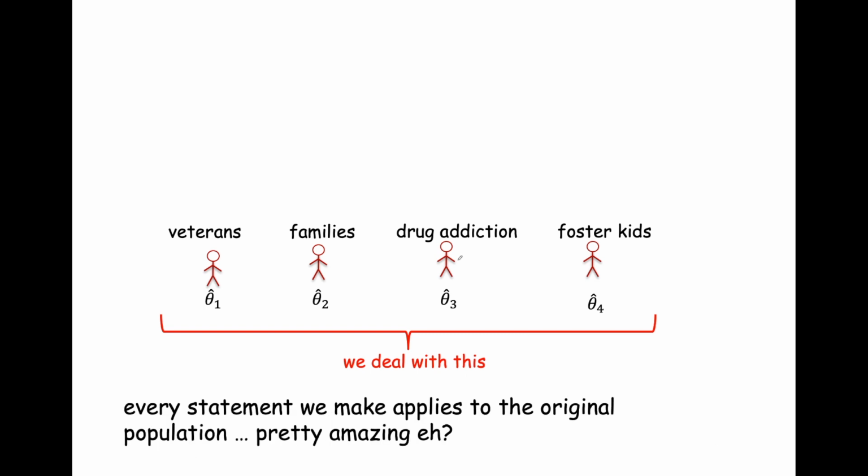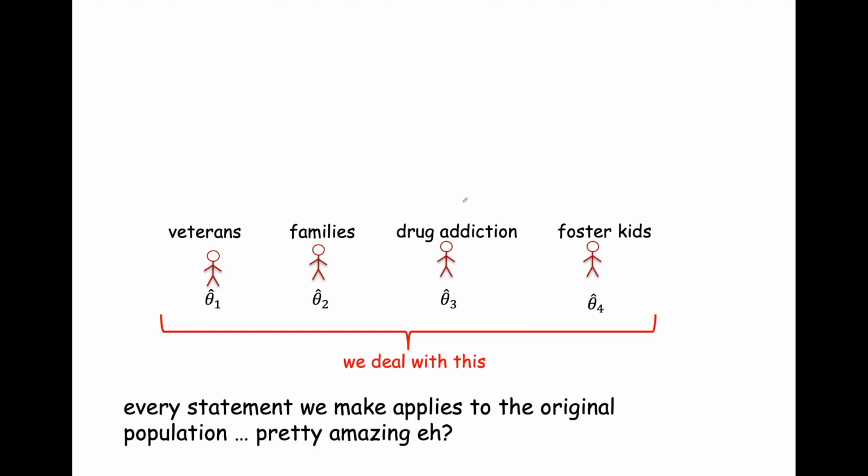Okay. So every statement we make, the hope is, every statement that we make about the population from these replacements, these estimators, theta 1 hat, theta 2 hat, theta 3 hat, and theta 4 hat, we hope that it would apply, and it does, it would apply well to the original population. Now that's pretty amazing.